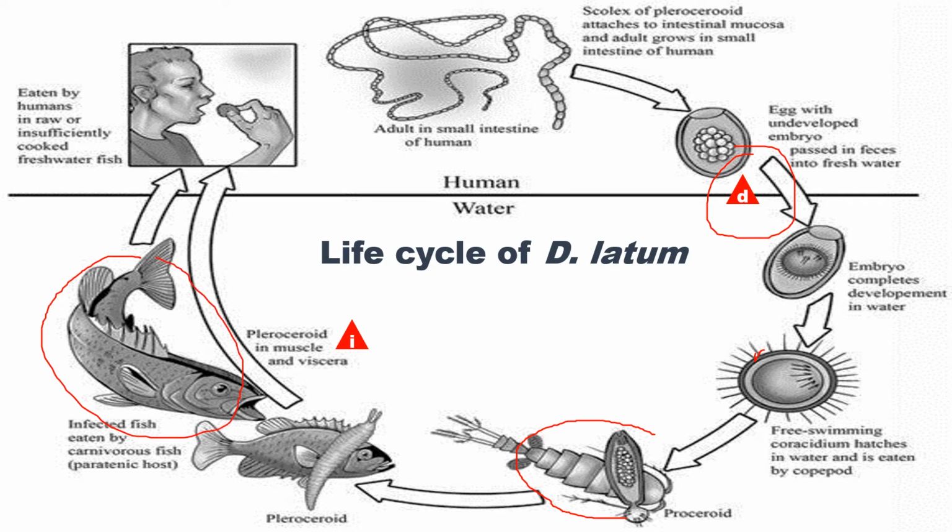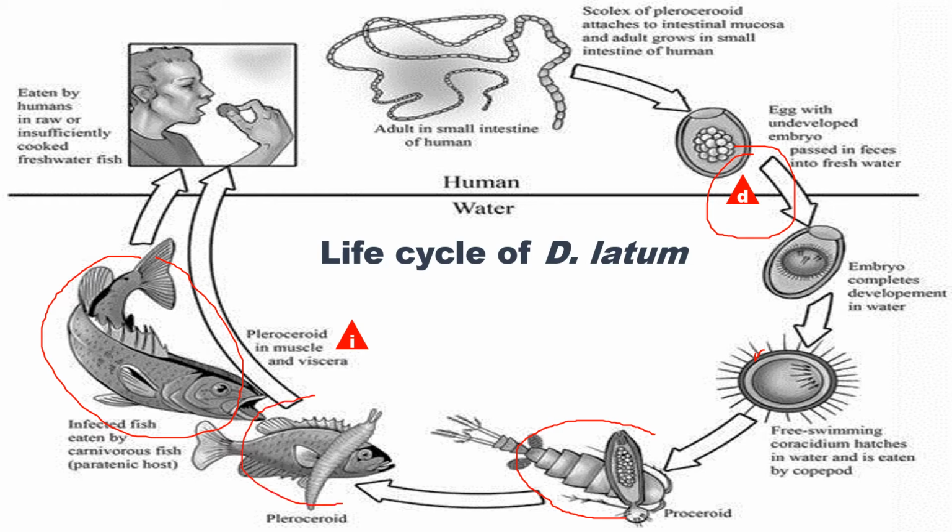Okay, it is ingested, but it does not develop into adults. It will develop into adults only if humans and other definitive hosts eat the carnivorous fish. Or if humans eat fish that ate plerocercoid, this one.